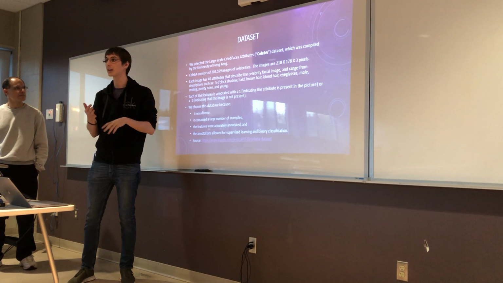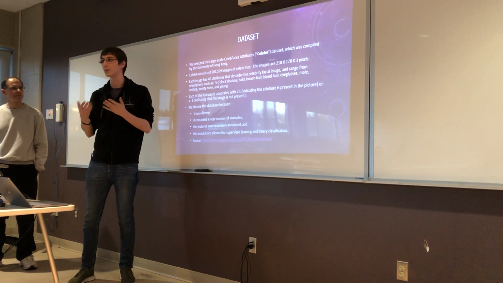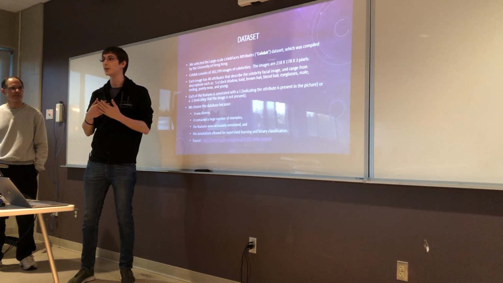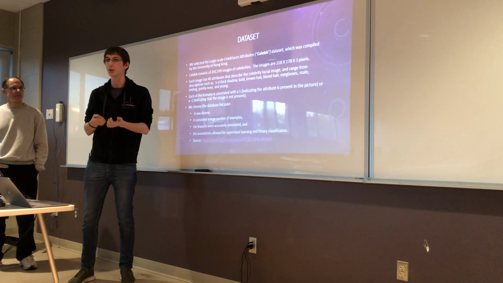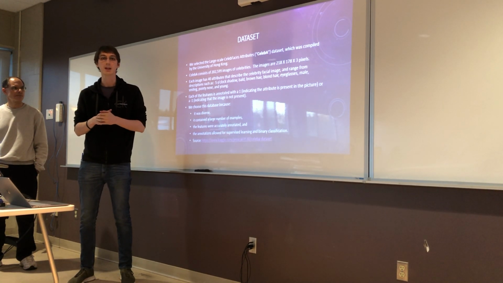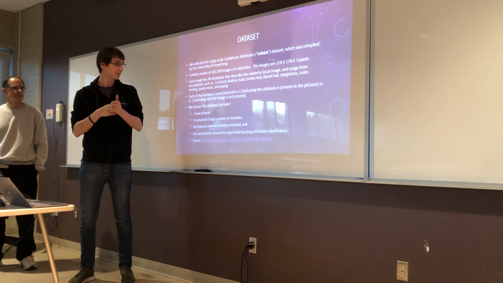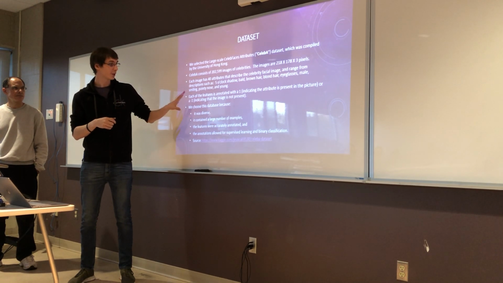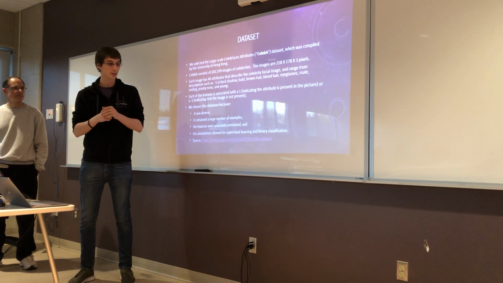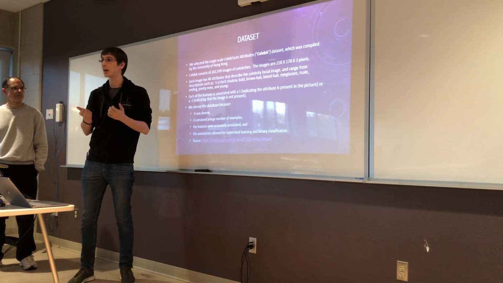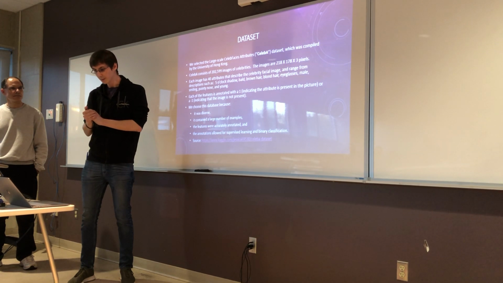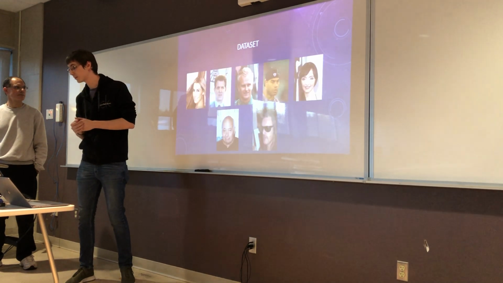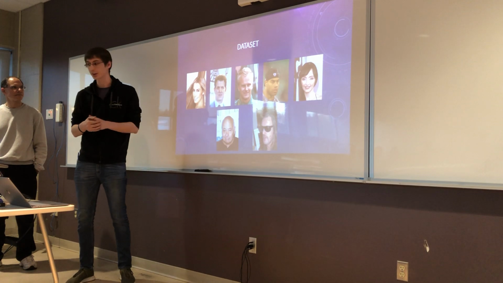Attributes can vary from your eye color to your hair color to whether you've got a beard. But we were focused on whether we could detect smiling, determine your gender, and recognize whether you were part of a given database. Another reason we chose it was that it was well presented and well annotated, so we used it to help train the model. Here are some example pictures from the data set.